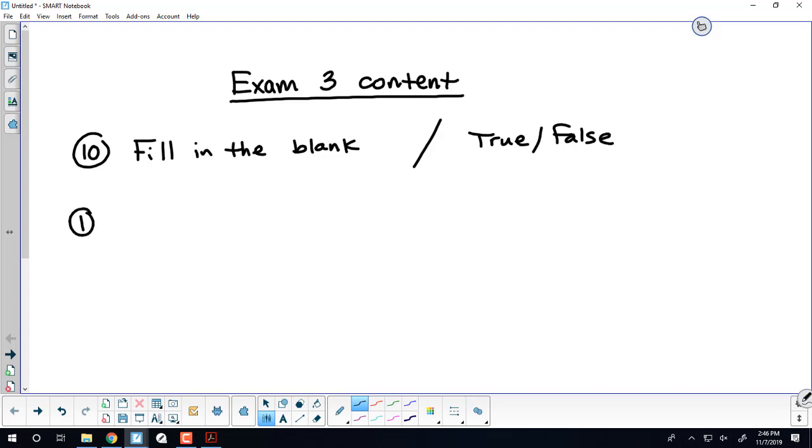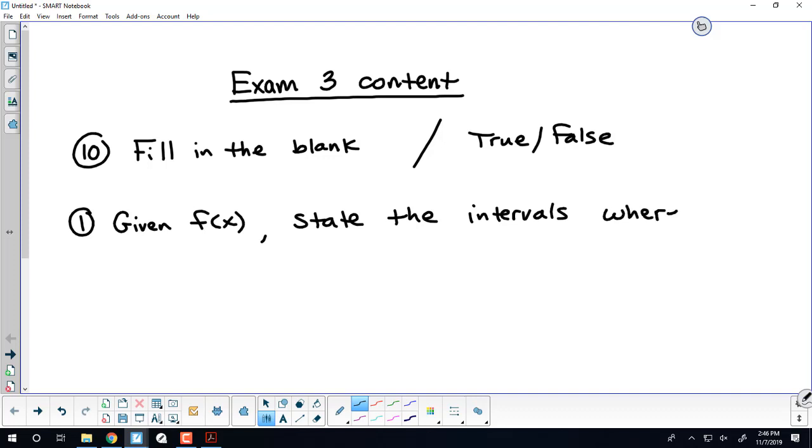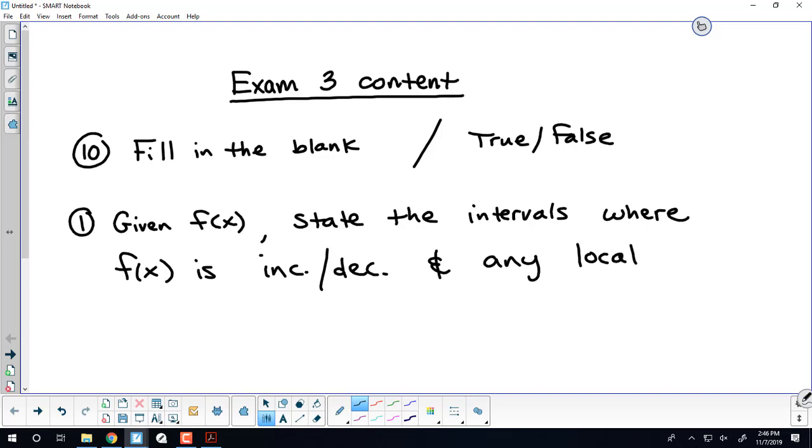One question where you're given a function, given f of x, state the intervals where f of x is increasing and decreasing, and any local mins or maxes.